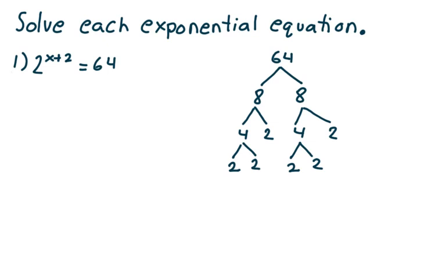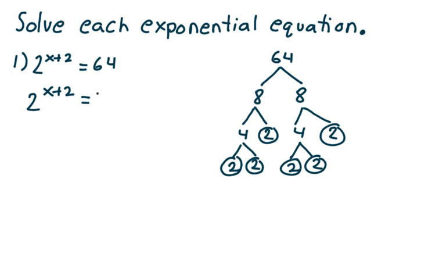And notice that 2 is prime. I'm going to circle all the 2's, and I see that I have 6 of them. So 2 to the x plus 2 is equal to 2 to the 6th.